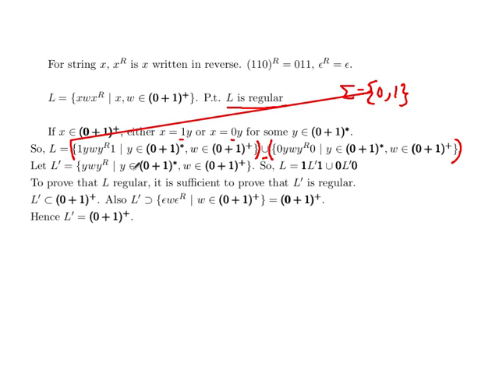So if I define this to be L prime, then what is this first component? It is just 1 L prime 1. This 1 is written as a regular expression because it's bold faced, right?